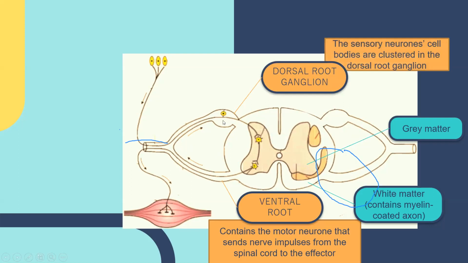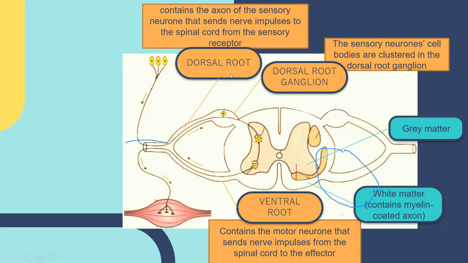Inside the dorsal root ganglion, this yellow color is the cell body of the sensory neuron. The whole part here is known as the dorsal root. Inside the dorsal root, there is a sensory neuron, which sends the nerve impulse from the receptor to the spinal cord here.